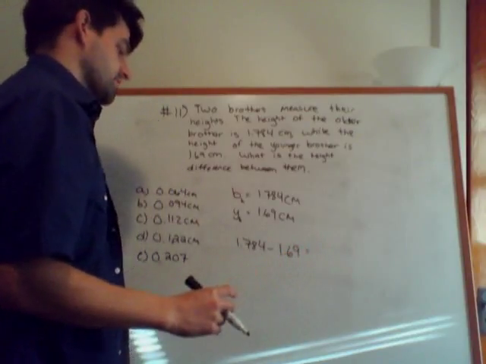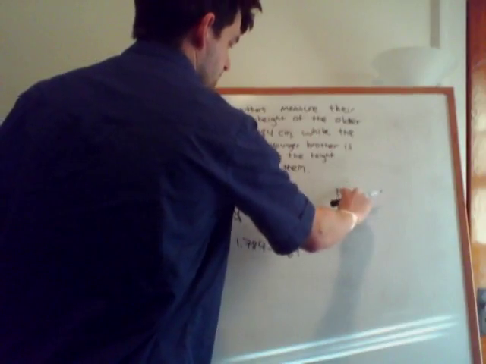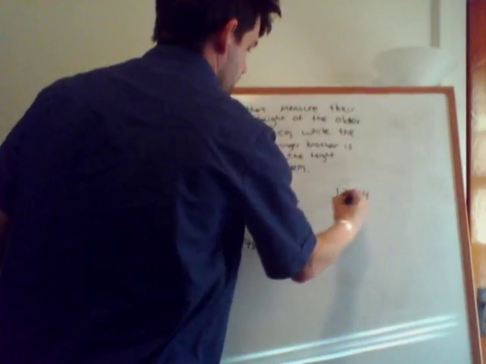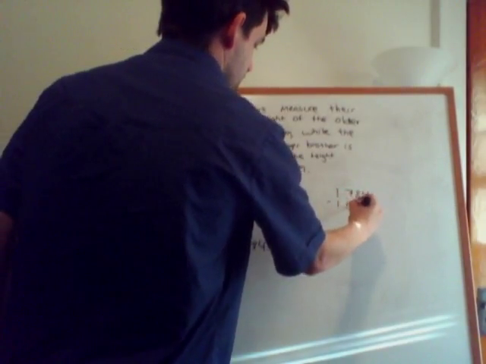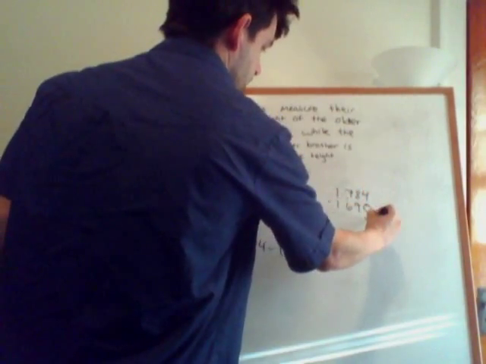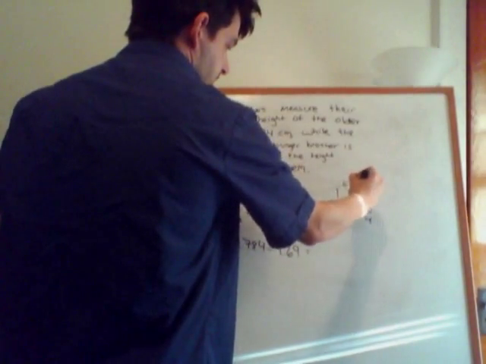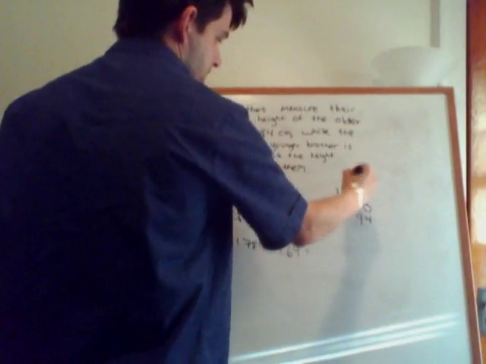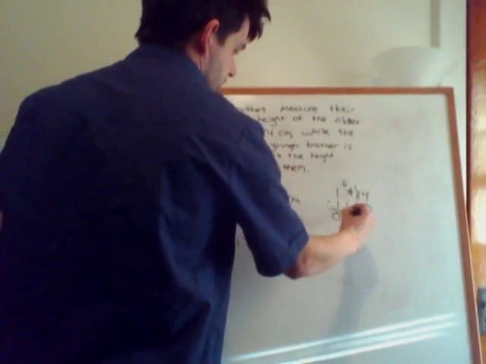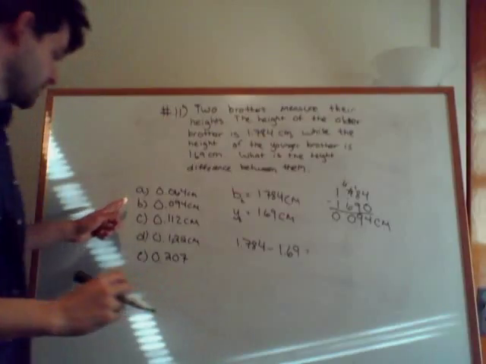When you follow that arithmetic, 1.784 minus 1.69: 8 from 9 you can't do, so we borrow from the 7 and make that a 6. 6 minus 6 is 0, 1 minus 1 is 0, and we get 0.094 centimeters as our answer.